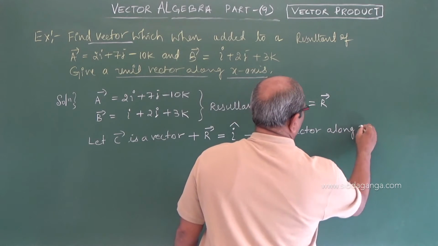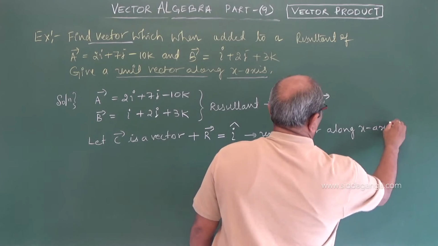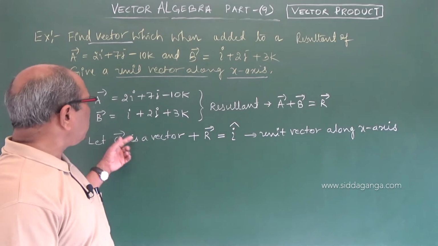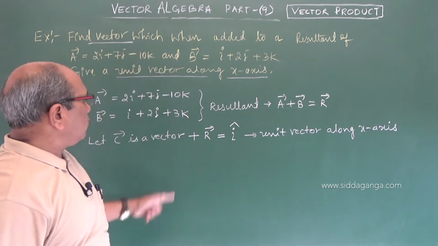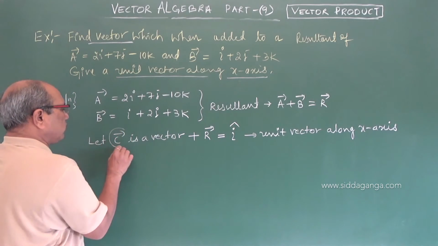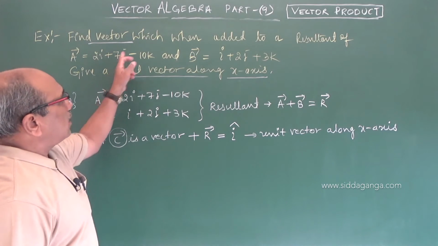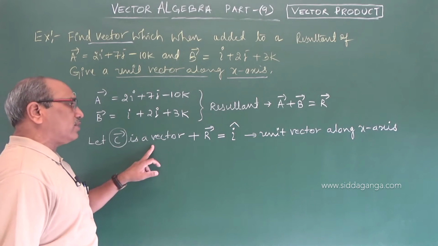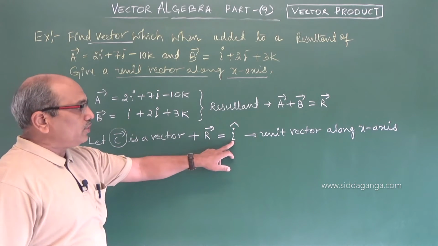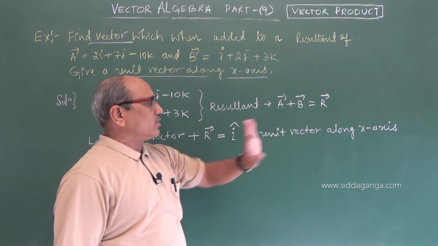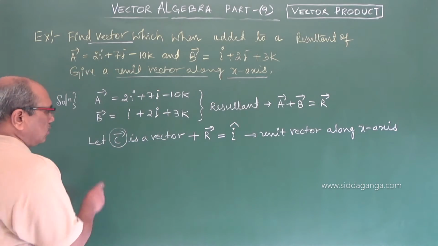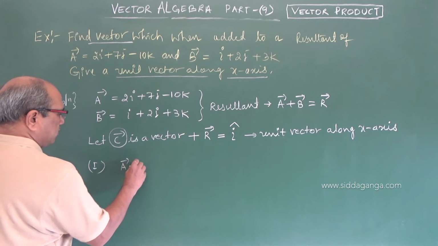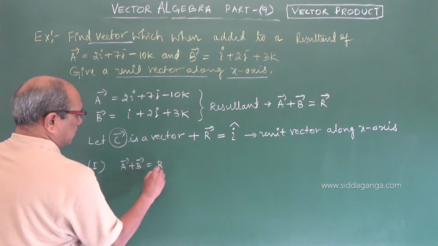I hope you understood. You have to find the value of C. Adding the two, you will get some resultant. That resultant, when added to this new vector, will give a unit vector along x-axis, that is i. To start with, in the first step, find A plus B, which we call R.